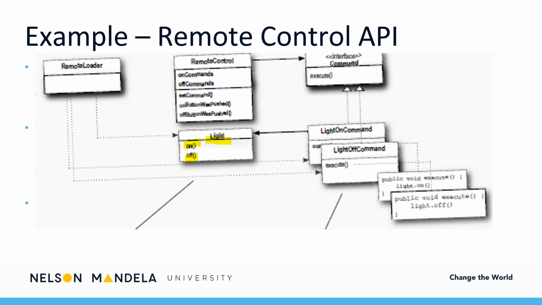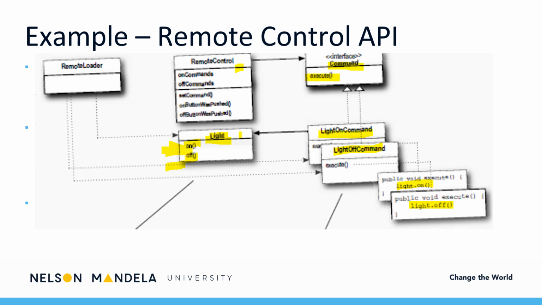And then we've got our command, which is the interface for decoupling the receiver from the invoker. It does that through its concrete classes, which execute these commands, the on and the off. So whenever the light wants to turn on, it calls the on method, as you see, light.on. And whenever you want to turn off, it goes light.off. It does that through the execute method.